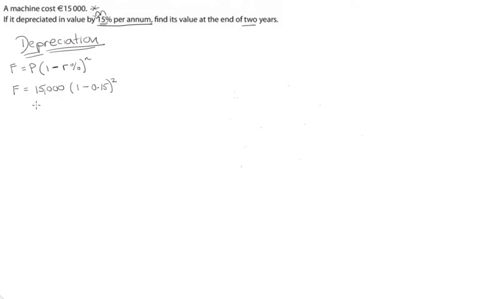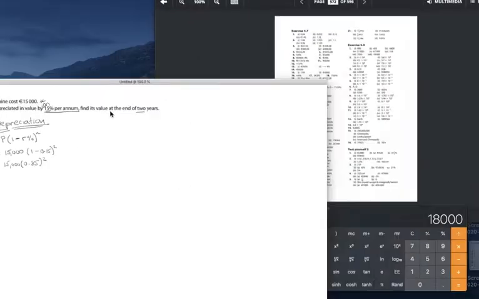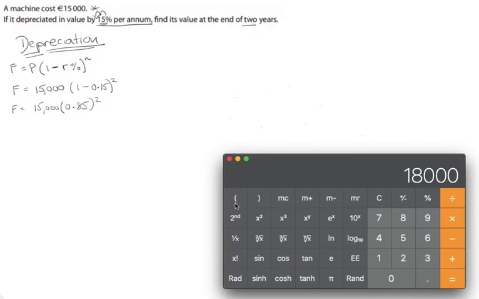So now we just need to figure out this sum. So F is equal to 15,000, and then 1 minus 0.15 leaves you with 0.85. And that's to the power of 2, also known as squared. So now we just get our calculators. And just like the compound interest calculation, we square the number.